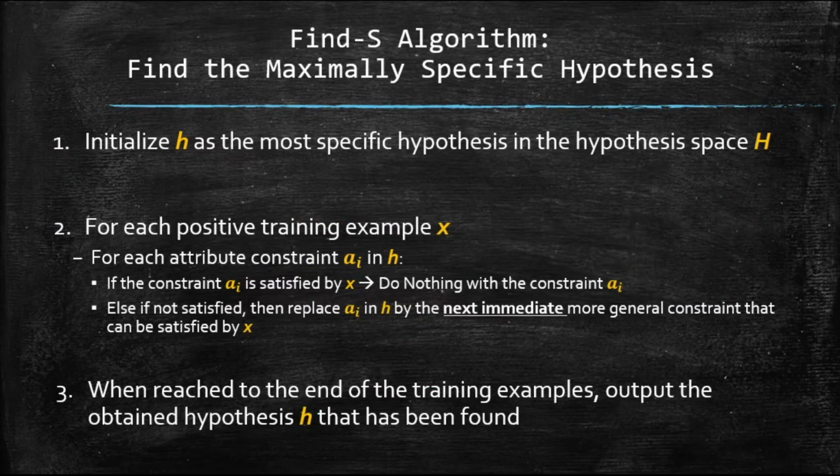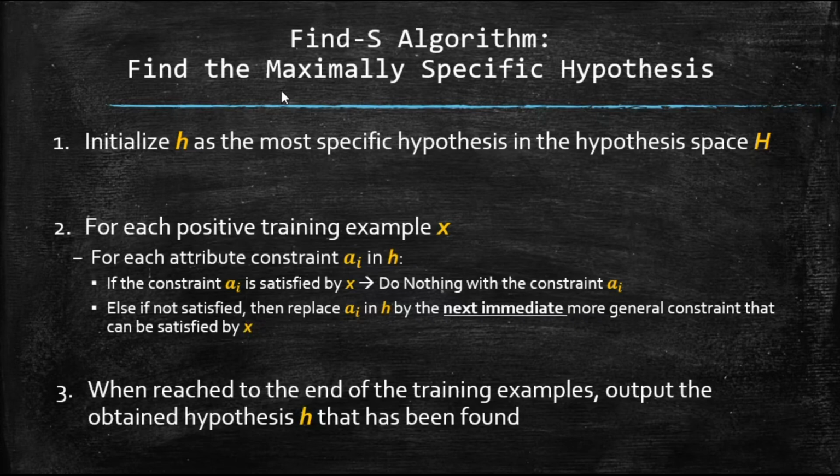One particular way is to start with the most ridiculously specific hypothesis possible and then gradually generalize it, make it bigger and bigger, more generalized. But the way we do that is going to be through this algorithm called the Find-S algorithm. And as the name implies, it looks to find the maximally specific hypothesis.